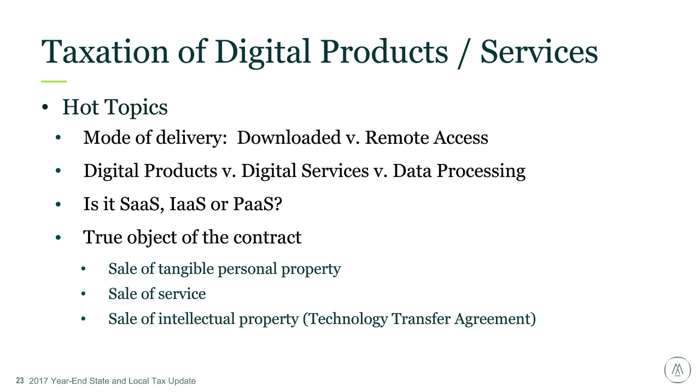But anytime you have an agreement where the seller holds a patent or copyright and assigns or licenses the right to use that patent or copyright to make or sell a product, under the court cases of Lucent and Nortel, that is an exempt transaction, whether there is any tangible personal property involved or not. That's still an evolving issue in California on the administrative side.